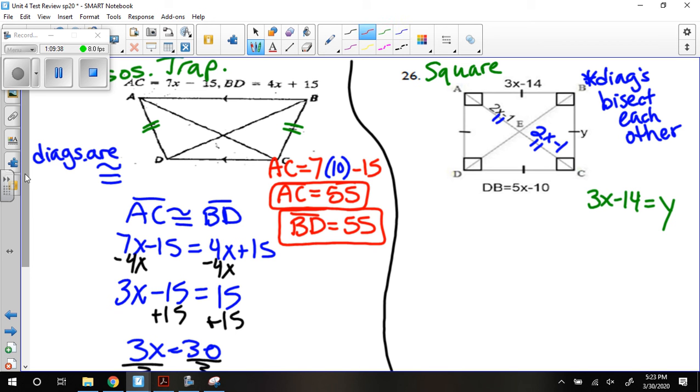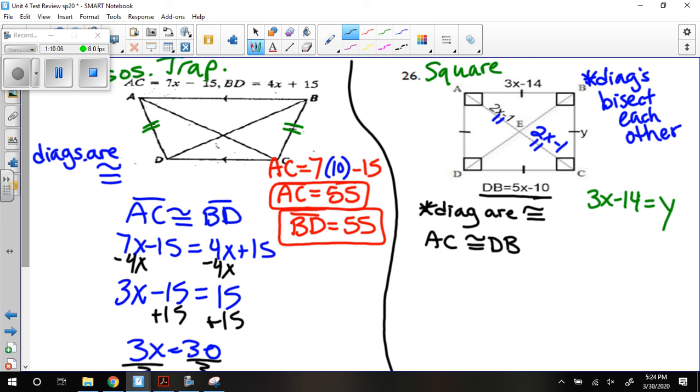Now, since they tell me that DB is 5x minus 10, I need to focus on the fact that DB is the entire diagonal. So something else about the diagonals in a square is the diagonals are congruent. So that means that AC is congruent to DB.